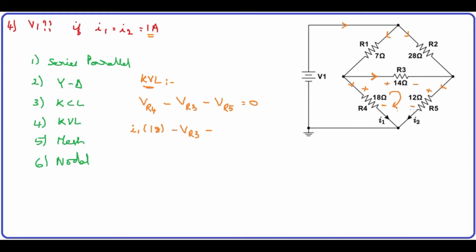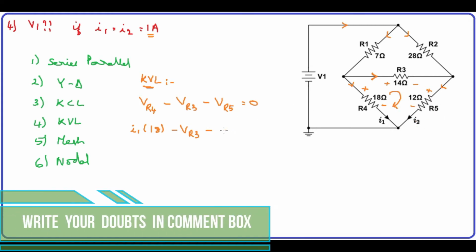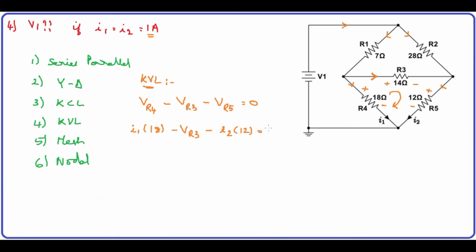Voltage across R5 is I2 into 12 ohm, equal to 0. As we know, I1 and I2 are equal and they are equal to 1 ampere. So it will be 18 minus VR3 minus 12 equal to 0, which implies VR3 is equal to 6 volt. So straight away I got this as 6 volt.